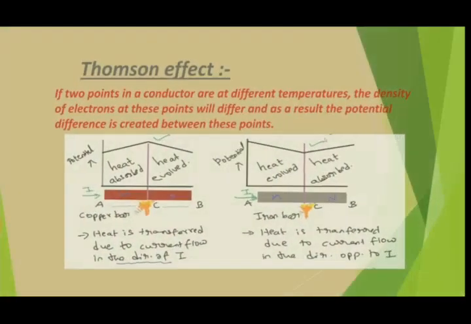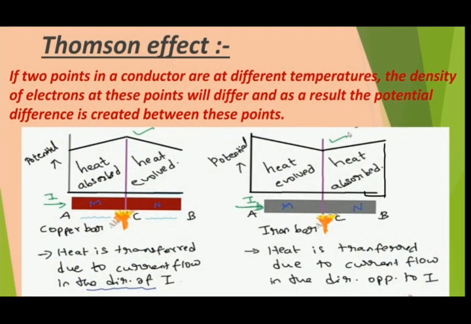Go to the third effect. This is the last effect, Thomson effect. Thomson suggested that when a current flows through unequally heated conductors, heat energy is absorbed or evolved throughout the body of the metals.